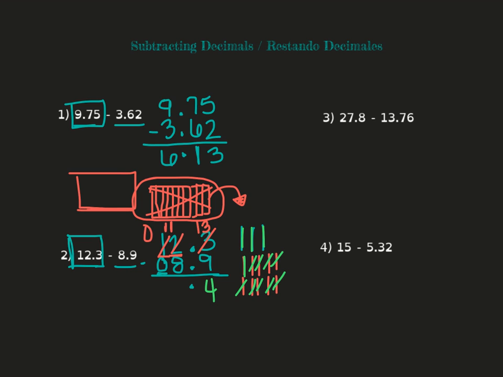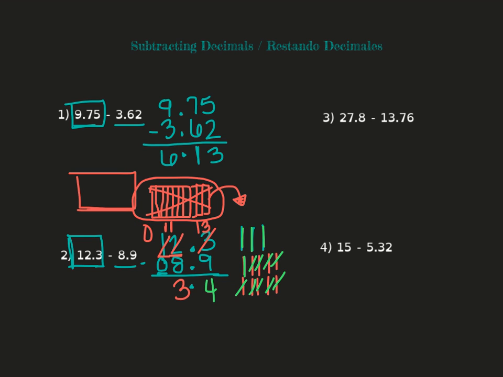Now I have 11. I have 11 ones. Okay. So I no longer have my 10. So 11 minus 8, I can definitely do that. So 11 minus 8 is going to give me 3. So my answer would be 3 and 4/10. Okay?